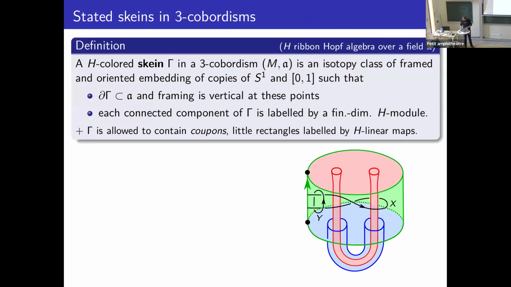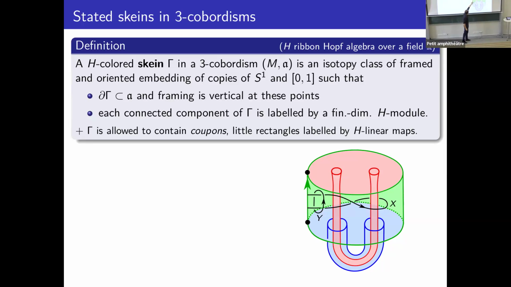Okay, so now we want to define the stated skein space of 3-cobordisms. So for this, I will first define what is a skein. So an H-colored skein gamma in a 3-cobordism is a framed embedding of circles and intervals, such that the embedded intervals have their endpoints in the arc.